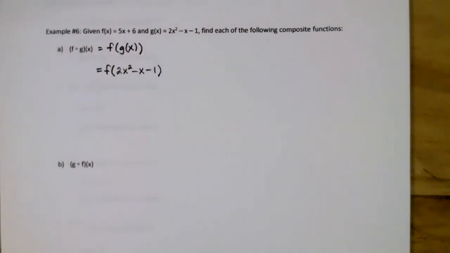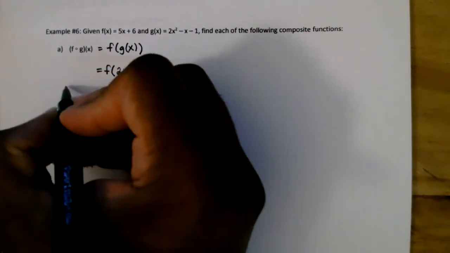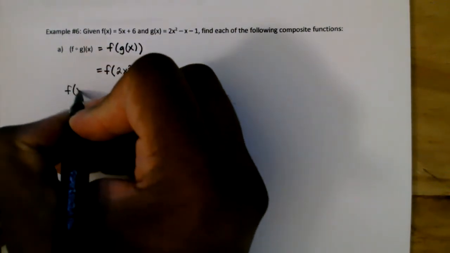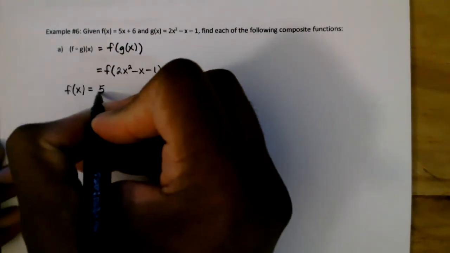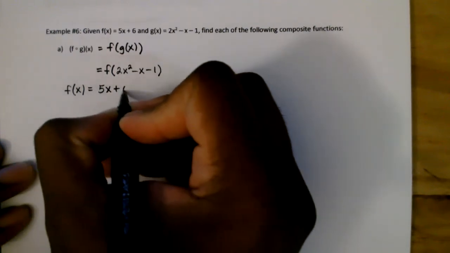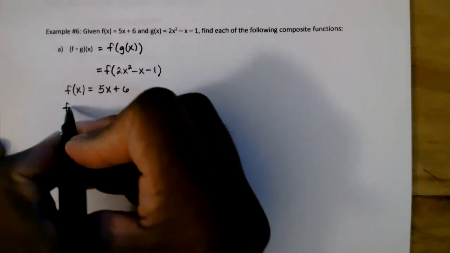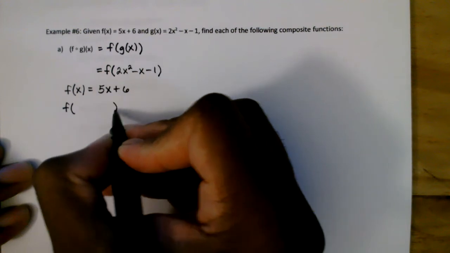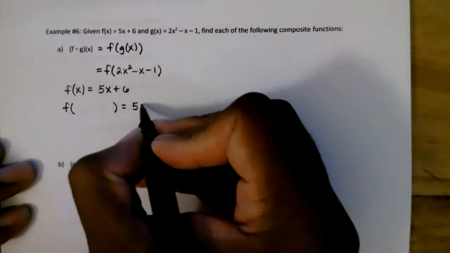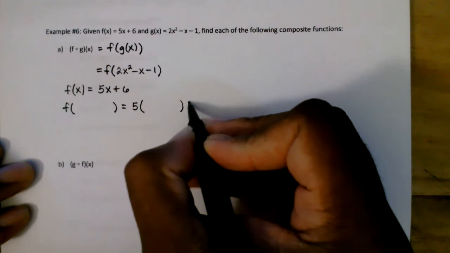So I'm going to be evaluating f of 2x squared minus x minus 1. Well, f of x is 5x plus 6, the 5x plus 6 that's given to us here. So now, for every x in f of x, I'm going to substitute it with whatever g of x is.